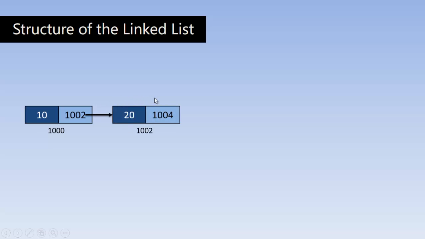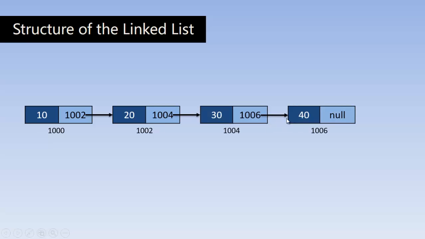So this node has got the address 1002 and it has got the data 20, and the address stored in this node is 1004, which is pointing to the next node. Likewise it goes, and the last node contains the null in place of pointer, right? So the start contains 1000, which is the address of the first node, right? So once we get the content of the start node, we can access any node in the list.